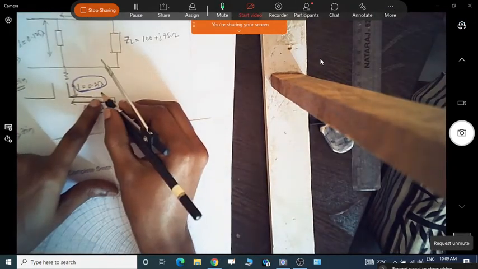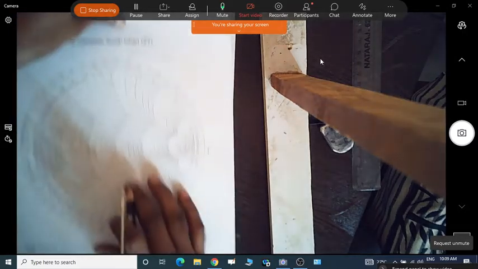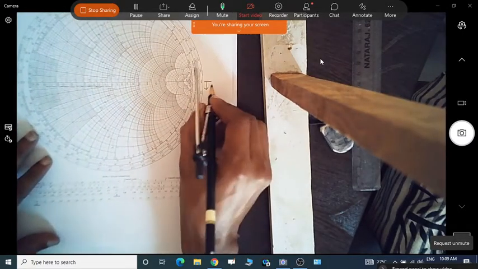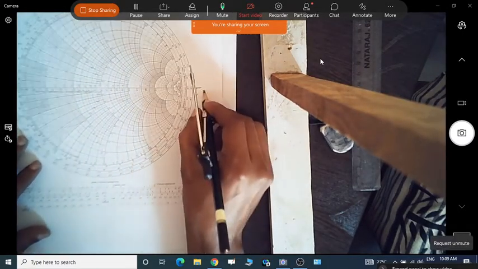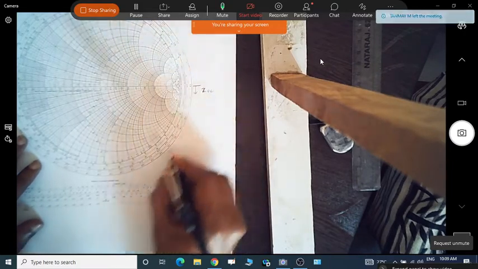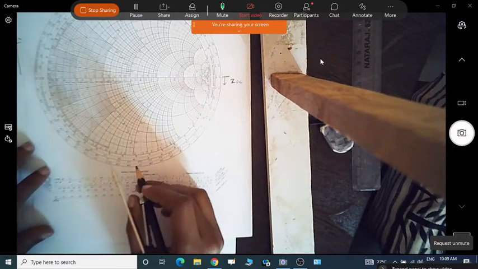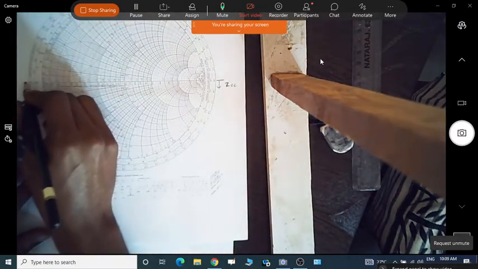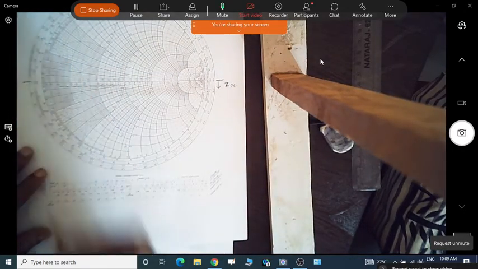So from this open circuited point we have to move 0.25 length. If I move 0.25, it will come exactly here.